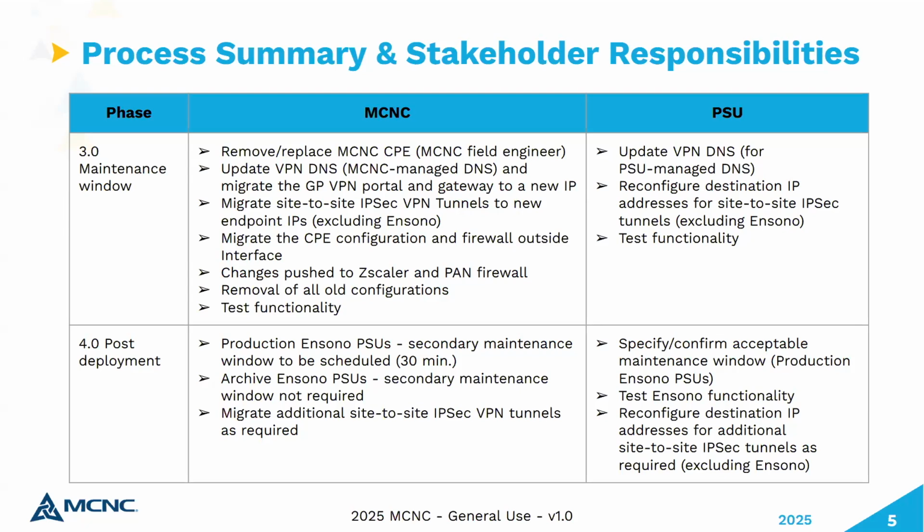Or, if you're on MCNC's fiber, there may already be a 920 there. So the work will be to essentially pull the MCNC router out and plug the PAN directly into the 920 that's already at your site. But again, there will be some physical reconfiguration work that will take place at every PSU as part of this migration.